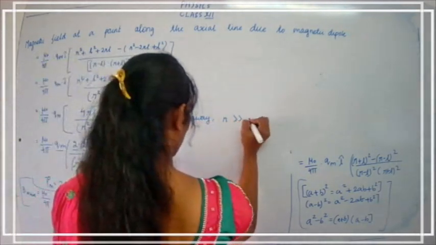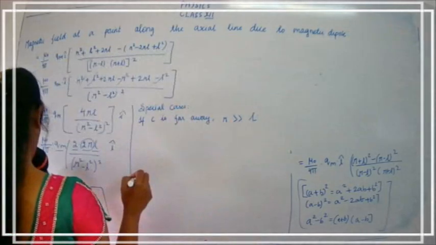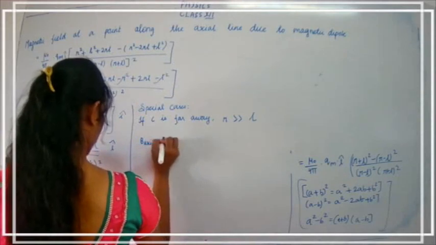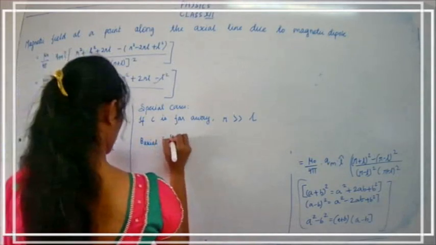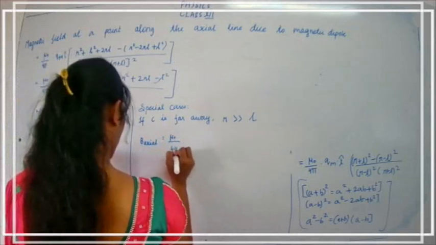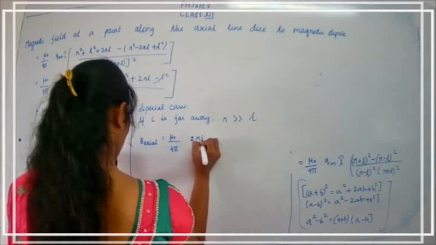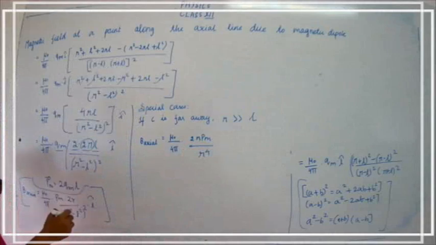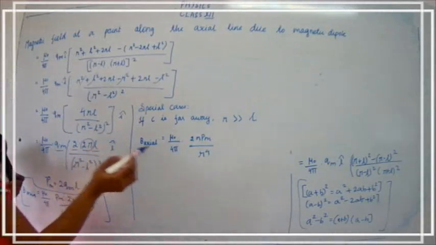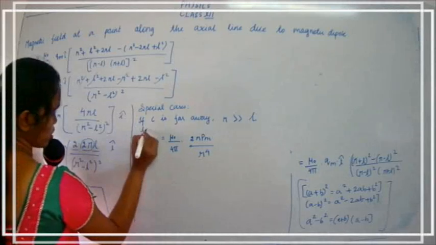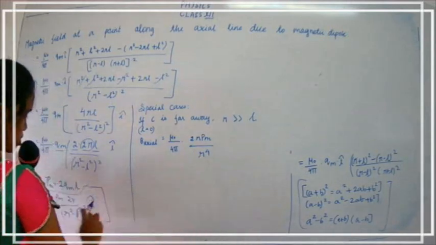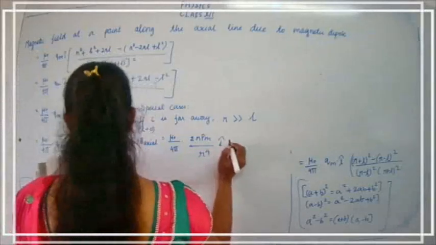R is much larger than L, so this B axial becomes mu naught by 4 pi into 2 r Pm by r power 4, because here R is more than L, then L equal to 0. If L equal to 0, what happens? R square power 4, then R power 4, do you understand? Into I cap.